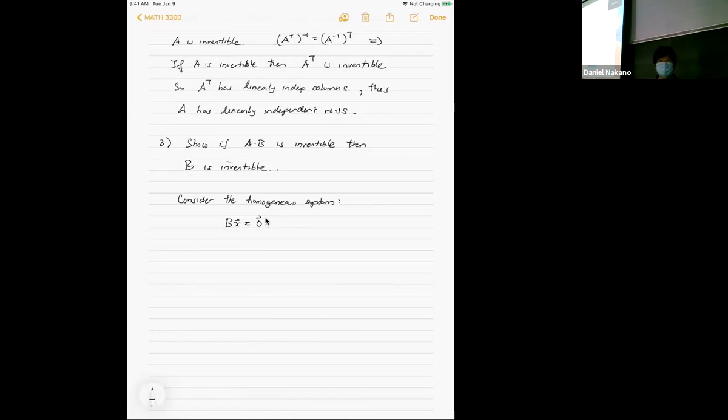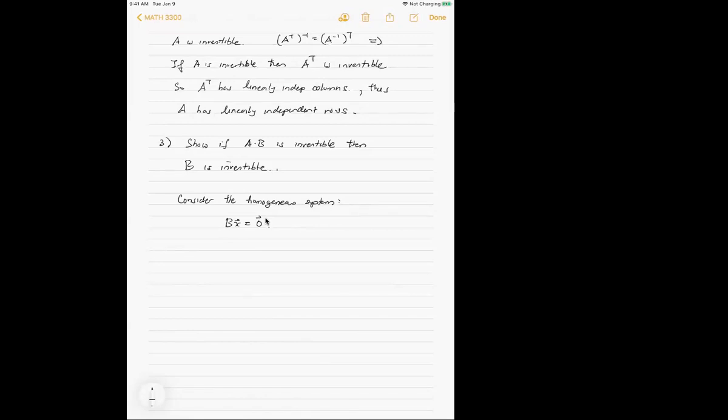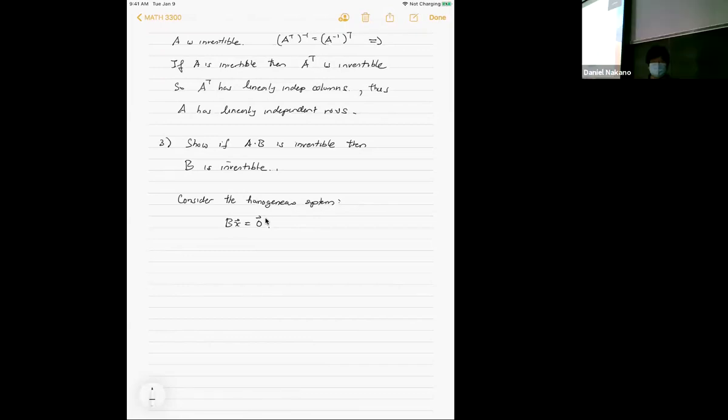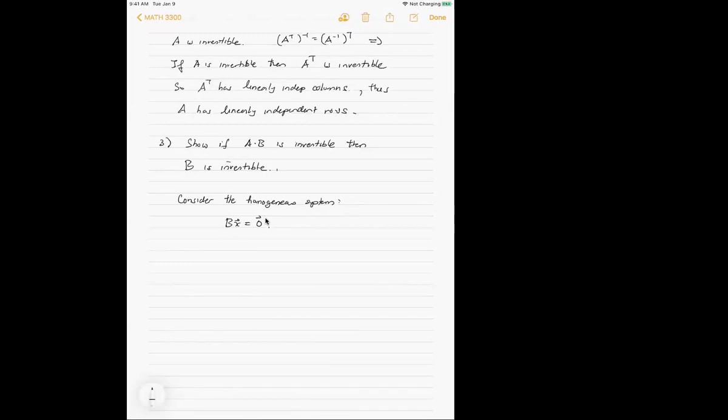So what do you think we should do? Show the homogeneous system ABx equals 0 has only the trivial solution. Yeah, so what should we do to this equation? Multiply both sides by A.